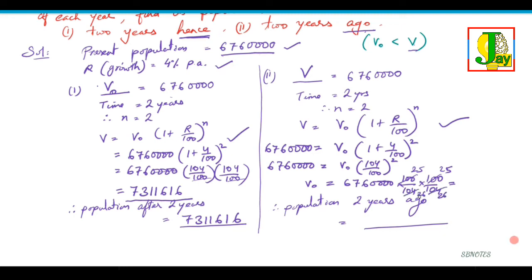So what we have is 26 into 26 is 676, so that we can cancel, and we have 10,000 into 25 into 25, so that's 625 and 4 zeros, so 62,50,000. So the population before 2 years was 62,50,000.